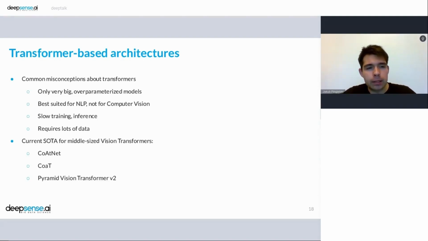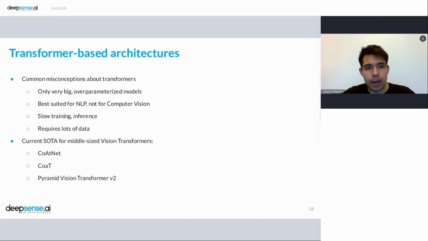I thought that transformers are best suited for problems from the natural language processing domain, not for computer vision. And that they are very big, very slow, hard to train and run inference on, and they require lots and lots of data. But it turned out that nowadays these statements are all false.